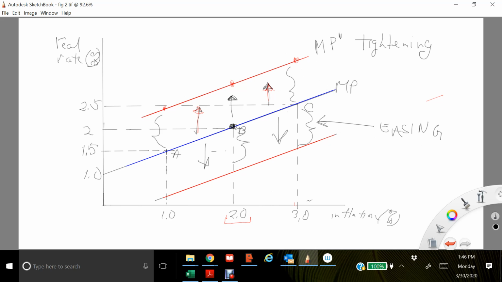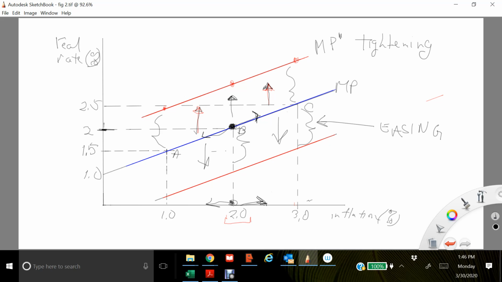Now that's differentiated by if inflation moves. Let's say inflation is at 2% initially, and the monetary policy rule is to set the real rate at 2%. If inflation moves up a bit, the Fed is going to follow its rule and move along its curve. Or if inflation falls a bit, the Fed is going to reduce the real rate along the curve.